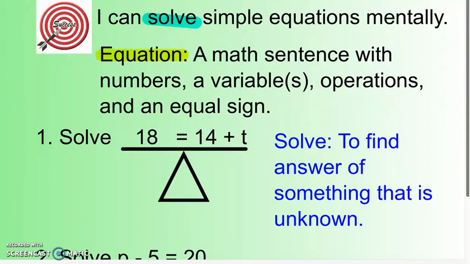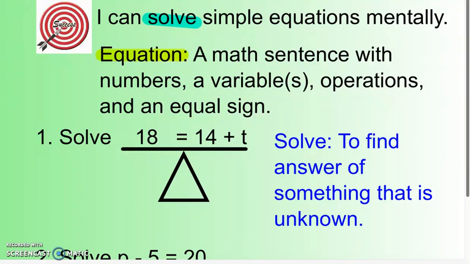Today, we're going to be focusing on equations, and we're going to find the answer to them mentally, meaning we're going to use our prior knowledge, and we are not going to use a calculator. We are going to use what we know and just use our brains, and we're going to solve this together.